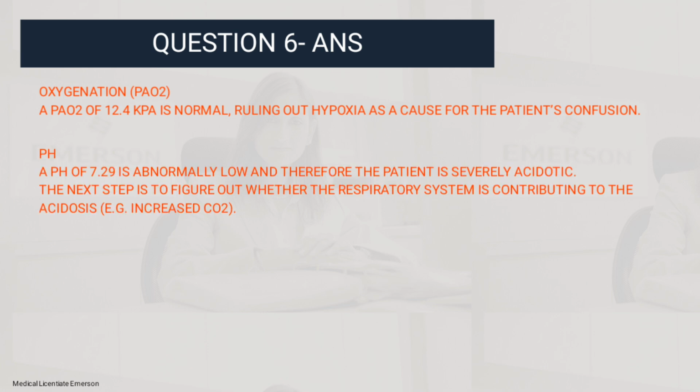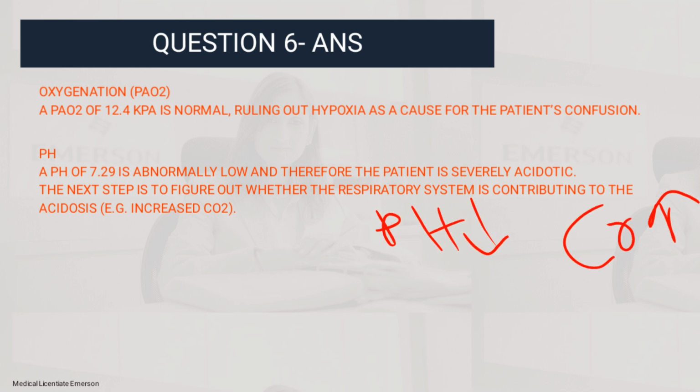Then a pH of 7.29 is abnormally low, and therefore the patient is severely acidotic. So the next step is to figure out whether the respiratory system is contributing to the acidosis. In short, there should be an increased carbon dioxide. If you're following the trend, when the pH is low, the carbon dioxide is raised when there is respiratory contribution to the acidosis.